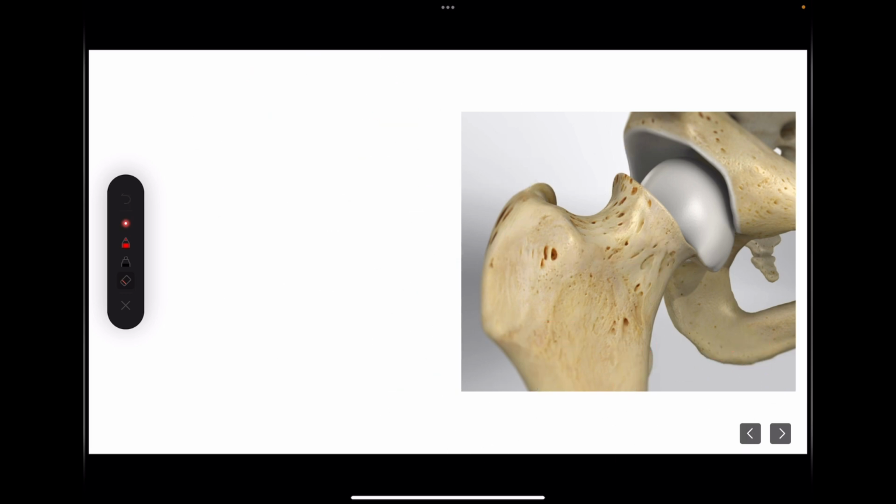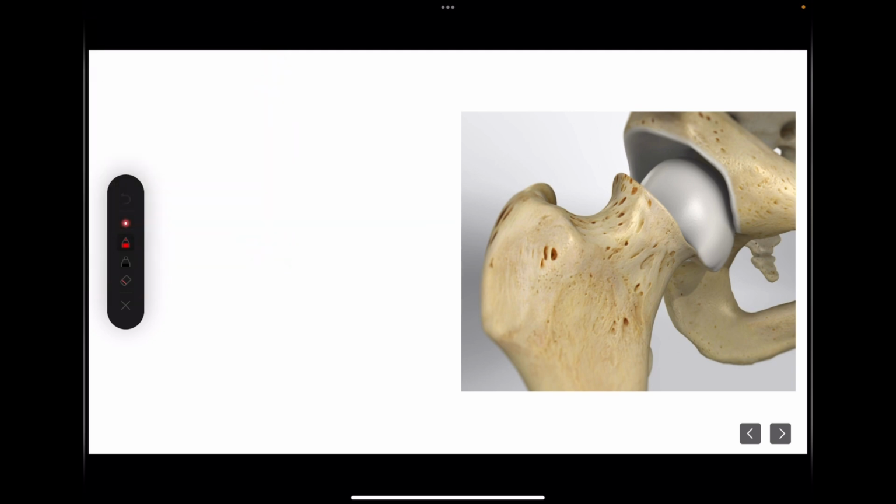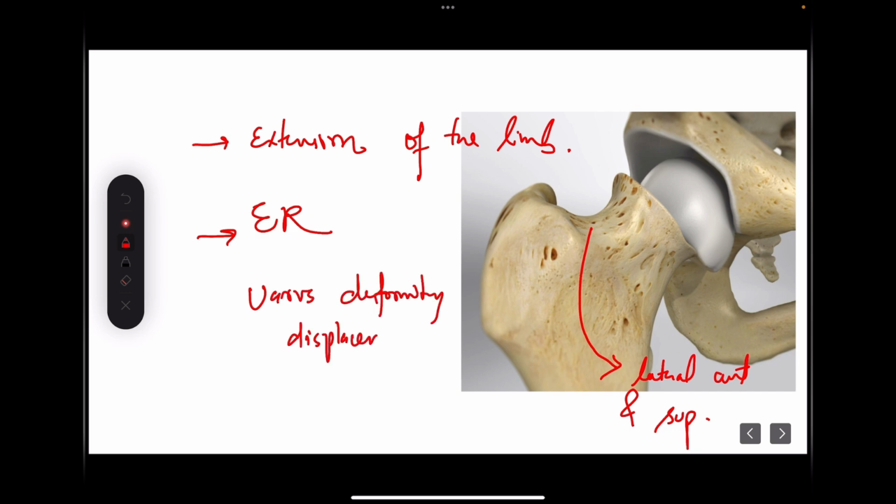So what is the deformity in these cases of SCFE? Since this part of the bone is going in a lateral, anterior, and superior position, it leads to extension of the limb along with obligatory external rotation. So this is basically a varus deformity of this limb, varus displacement, which is most commonly found in SCFE, leading to an external rotation extension deformity.